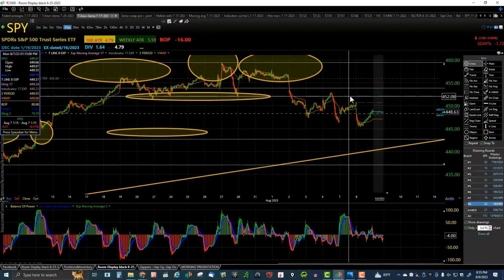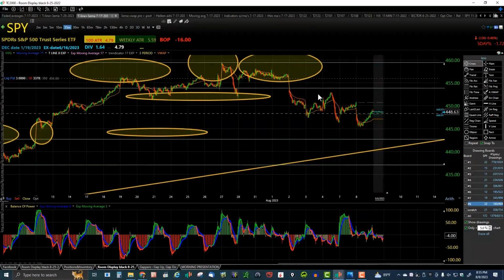If it cannot make it through the minor resistance, it will head back down and test the lows. And it made a new low. And in the process of making a new low, it went back up. Now it's back into the same area, testing the minor resistance.